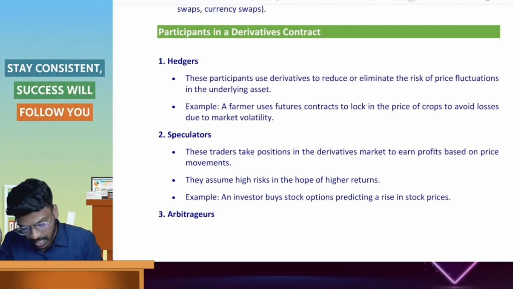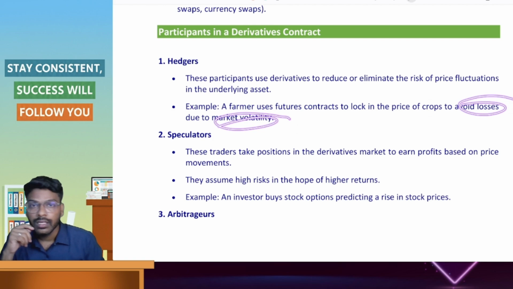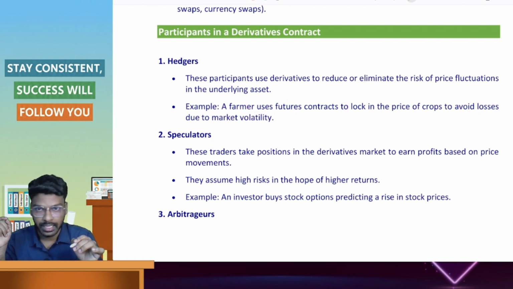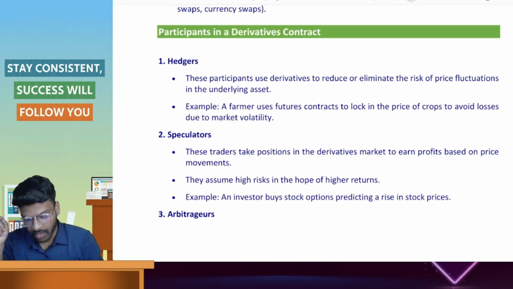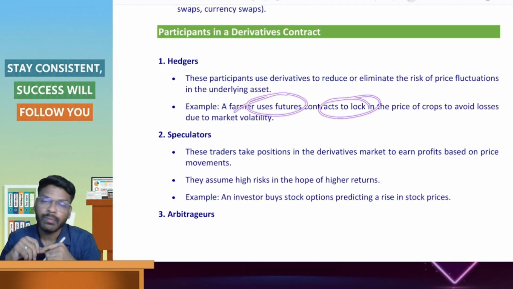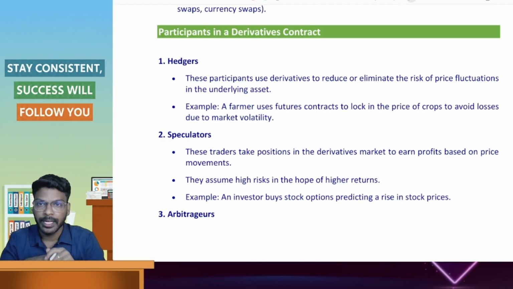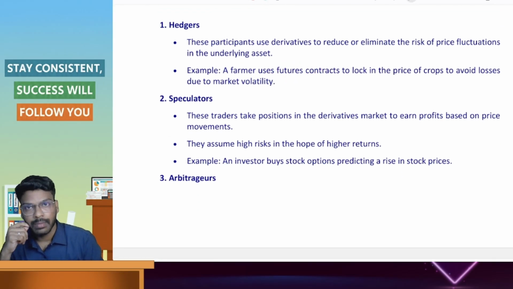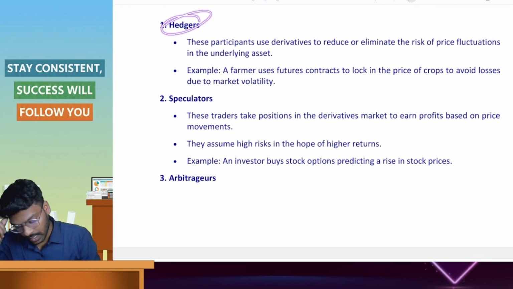So they will avoid the losses from market volatility. So the farmer will enter into a future contract to lock the price. That is the price to be paid by the buyer to the seller. Seller is farmer, buyer is the other party. Okay, the simple example. There are more examples for hedging.